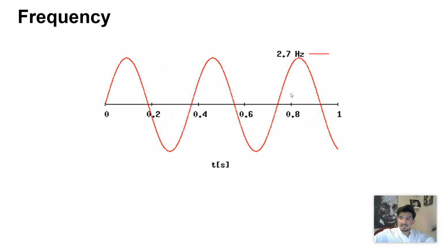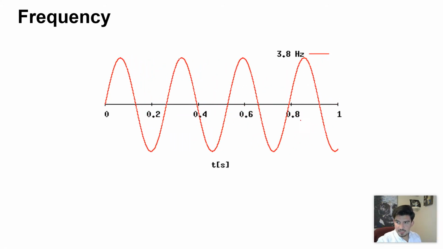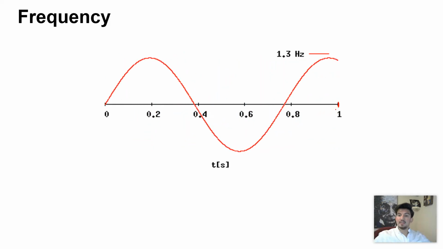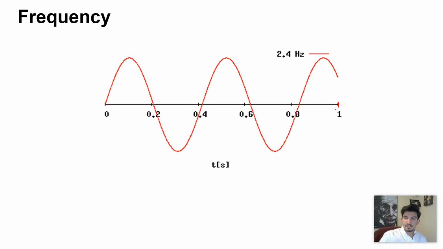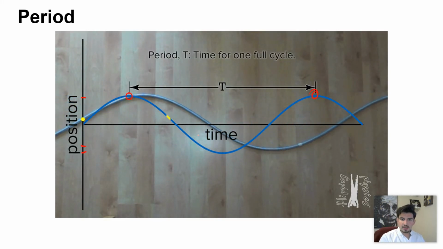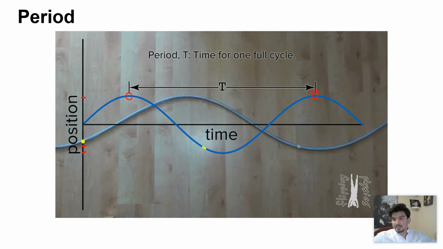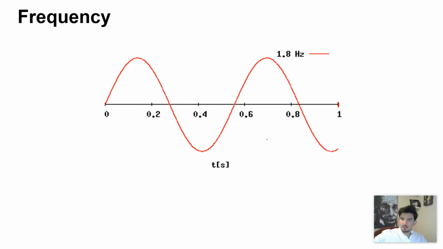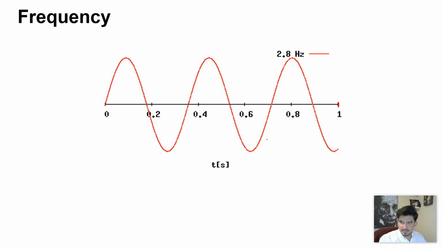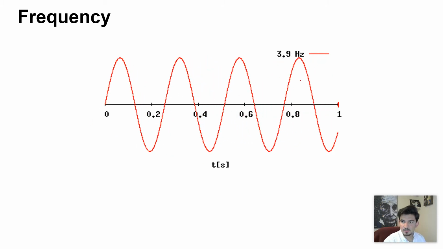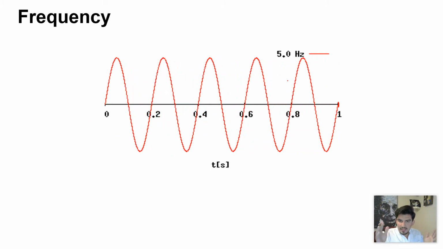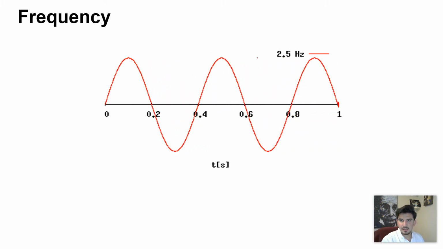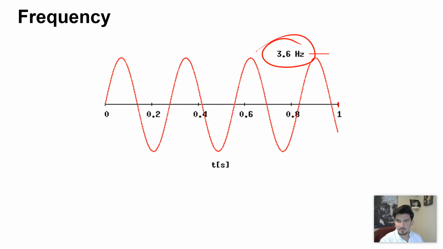Frequency, like we said, is flipped. So now you'll see that if we were to measure how many times it cycled within 1 second, the frequency goes up. So this was measuring the time it takes for it to go back to where it started. This is measuring how many times it goes back to where it started in 1 second. So as we cram more and more waves into 1 second, you get a higher and higher frequency as shown by this number right here, right?